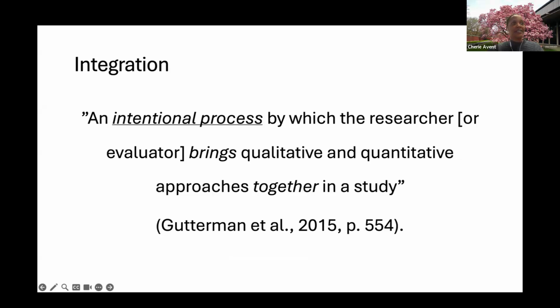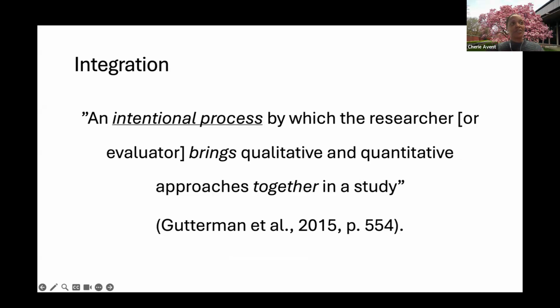And I say that it's intentional because it does require some planning and some thinking about design and being purposeful in the work. And so integration is another way of saying, how are we going to interconnect these two pieces so that they become interdependent upon one another?